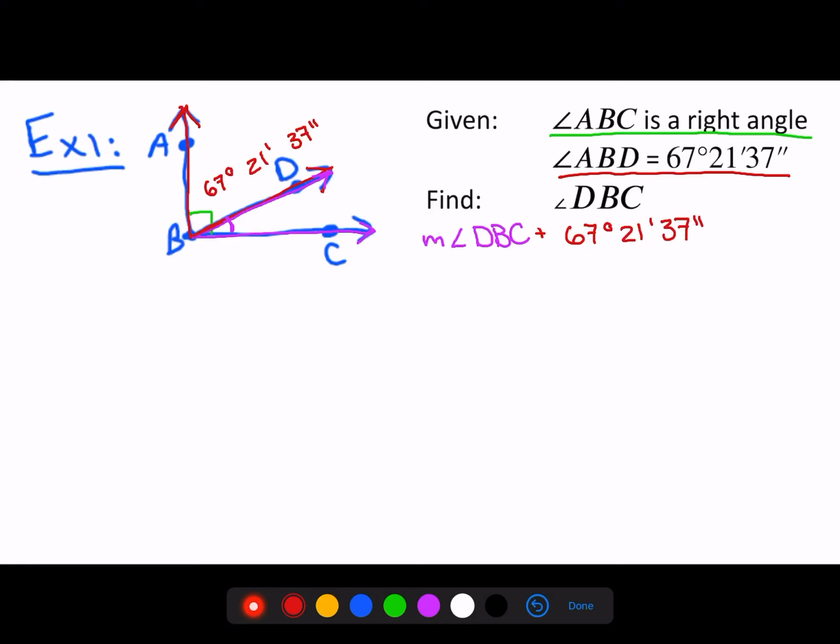So this purple angle plus this red angle is equal to the whole thing. Well, the whole thing, ABC, is 90 degrees. So it's equal to 90 degrees. Now from here, I just need to solve for DBC. So to do that, I subtract 67 degrees, 21 minutes, and 37 seconds from both sides.